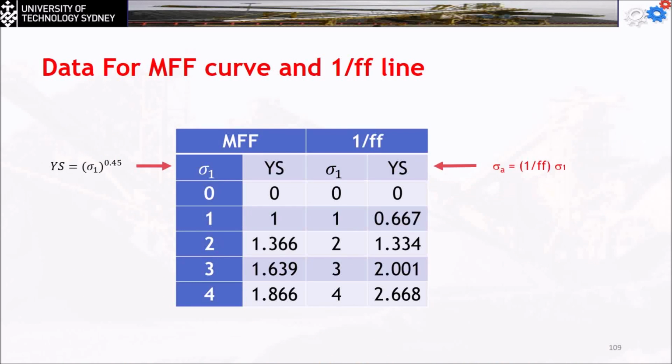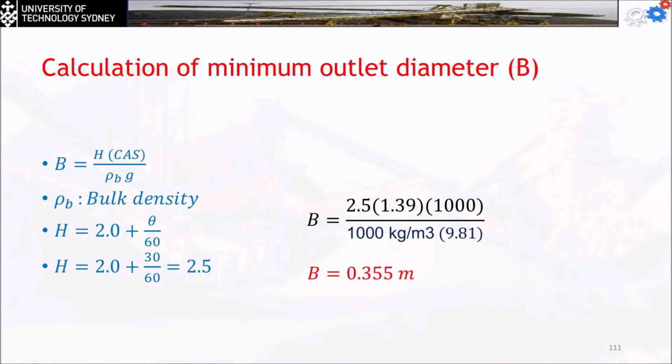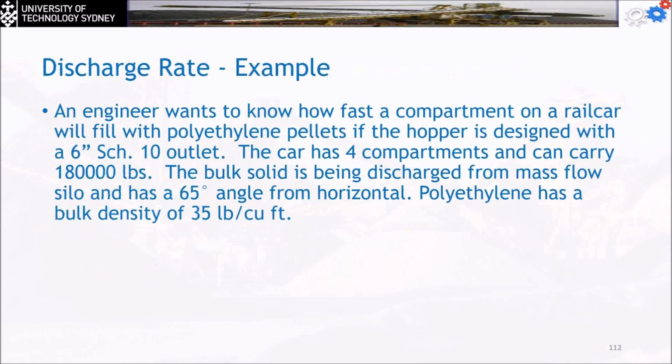An engineer wants to know how fast the compartments of the recycle rail car will fill with polyethylene pellets. The hopper is going to be designed with a 6 inch by 10 outlet, and the car has 4 compartments and can carry 180,000 pounds.